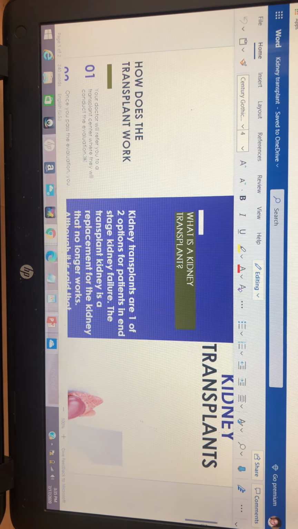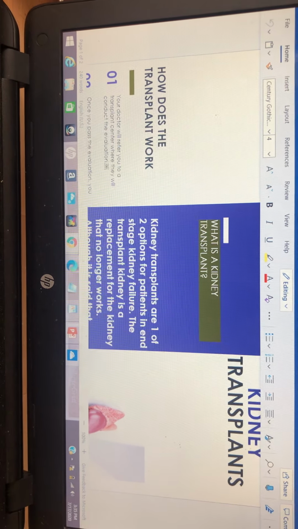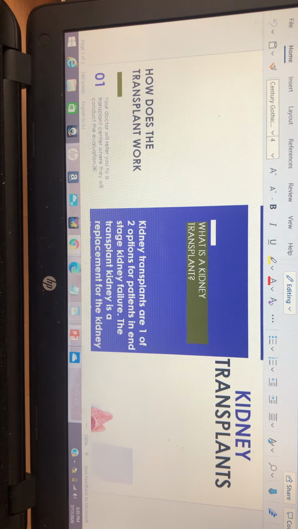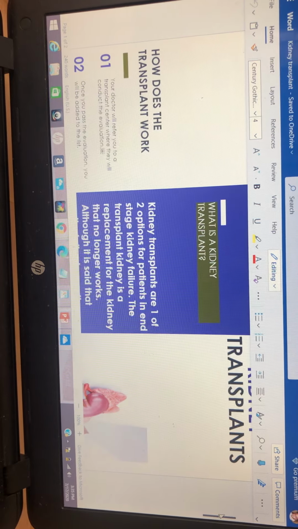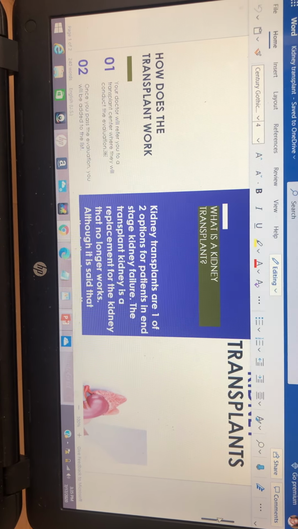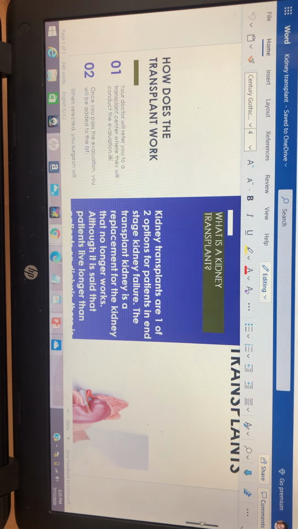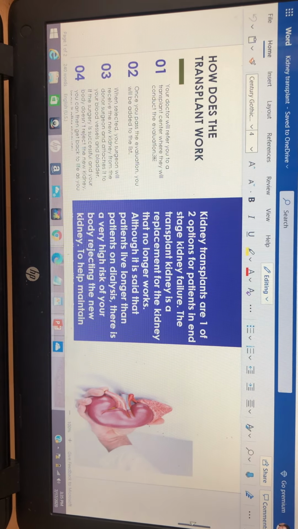So here's a pamphlet that I created that can be given to a kidney failure patient on kidney transplants. As stated before, kidney transplants can take 3 to 5 years, so it's good to give your patient a little background information on how things will work.